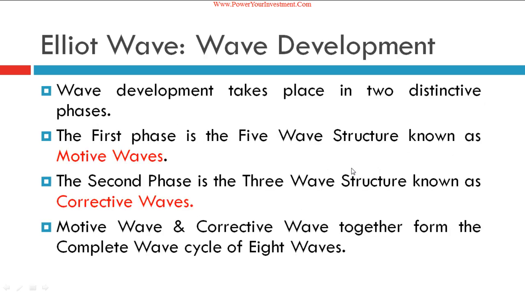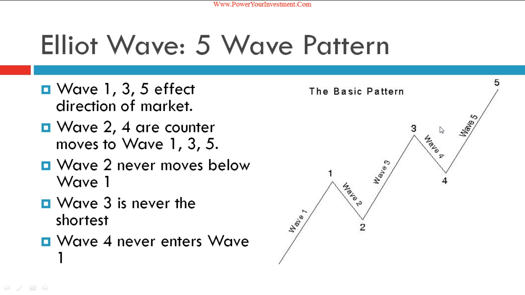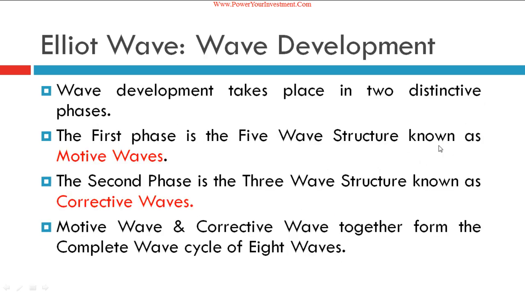Now, what Ralph Nelson Elliott suggested was that wave development essentially takes place in 2 distinctive phases. One is the motive waves, the first phase, which is usually the 5-wave structure we saw here. This is the motive wave. And the second phase, which you'll see on the next slide, is the corrective waves, that is the 3-wave structure.